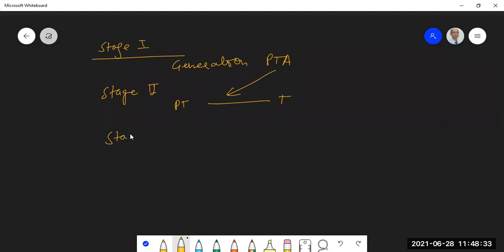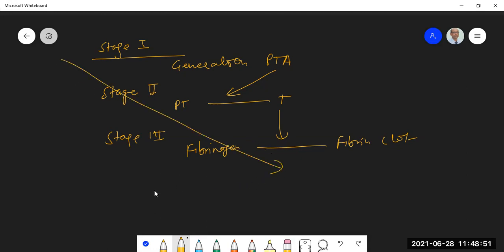And stage 3, conversion of fibrinogen to fibrin clot in presence of thrombin. All right. So this is how clotting takes place. And as I said, you can see there is a cascade here, so that even if there is a small trigger, you generate a massive response.